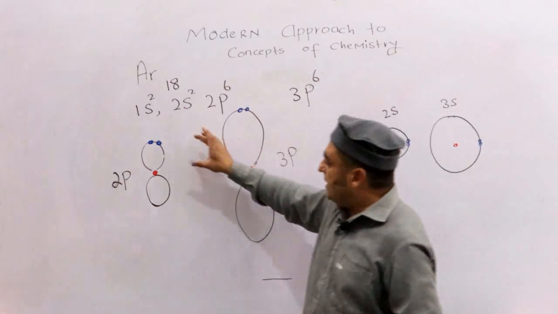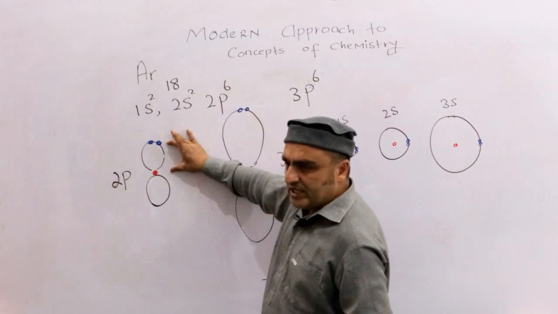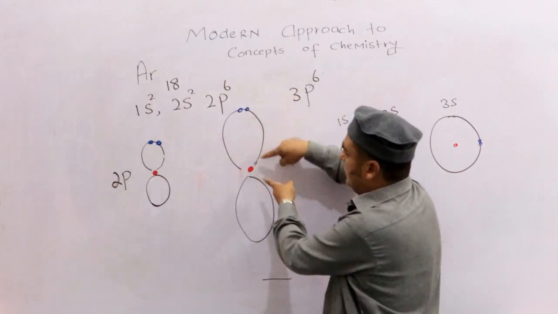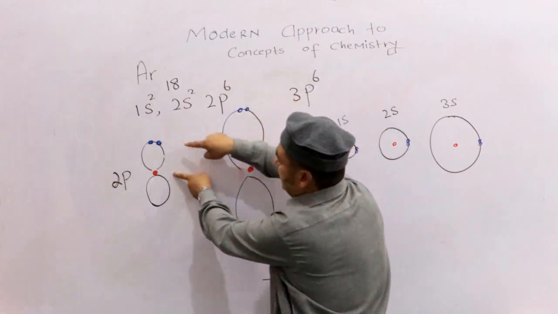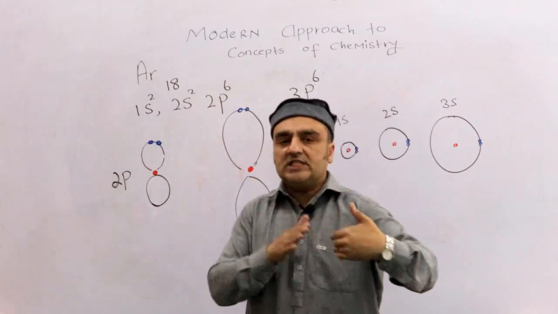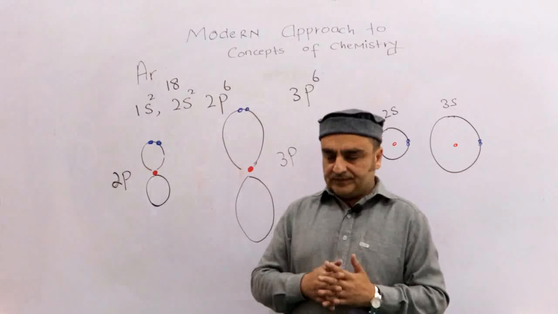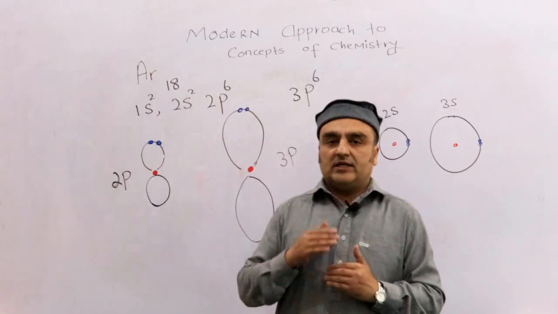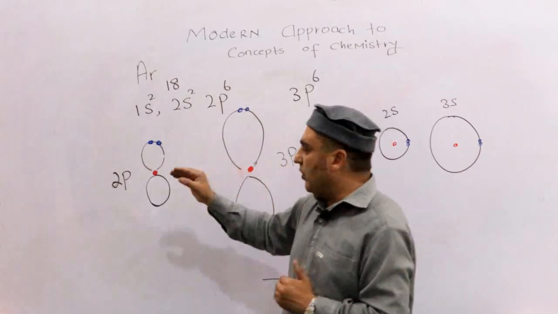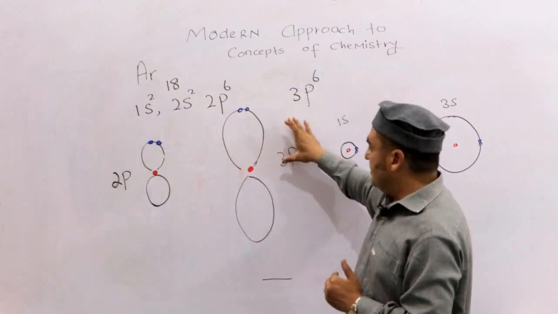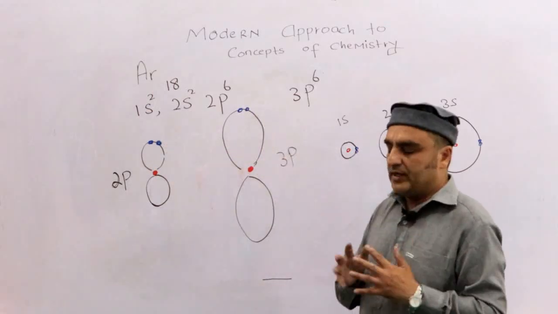Here, as you see, the distance between the positive and the negative is less, and here the distance is more. What does this tell us? This tells us that the energy of the 2p orbital is less and the 3p orbital is more.